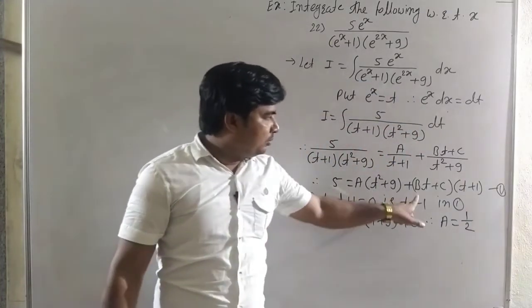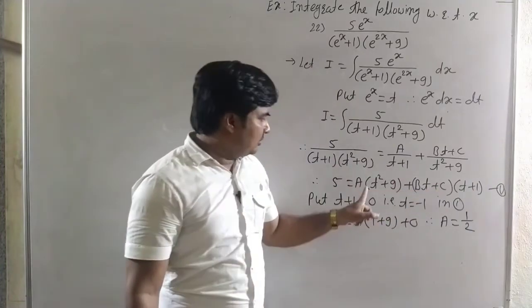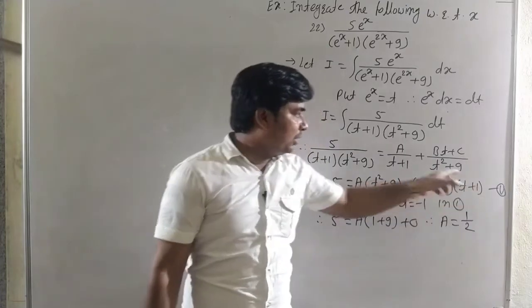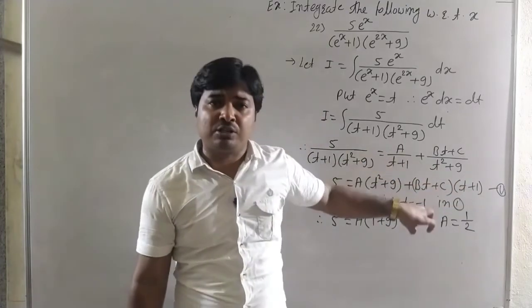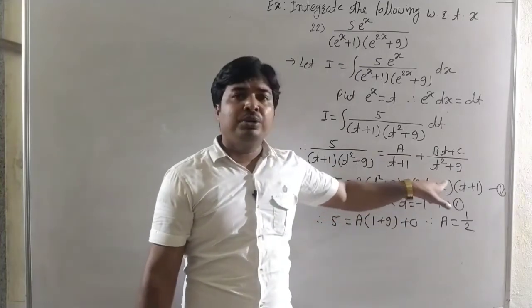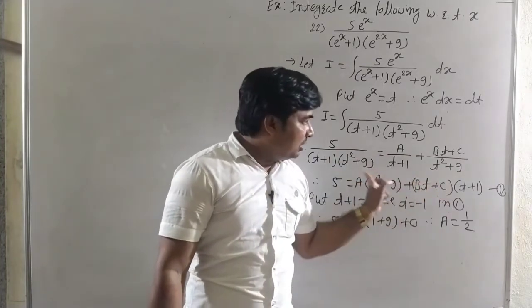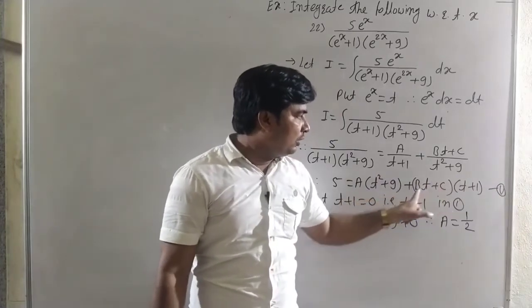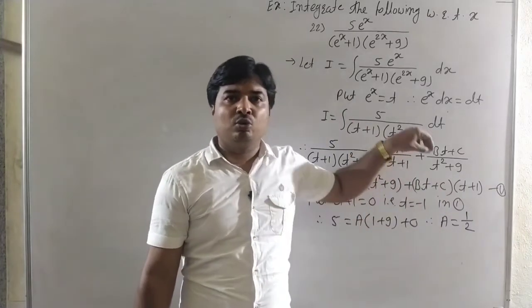Now finding the value of B or C. We got the value of A by putting t equal to minus 1. Now there are two unknown values, but the equation is only one.